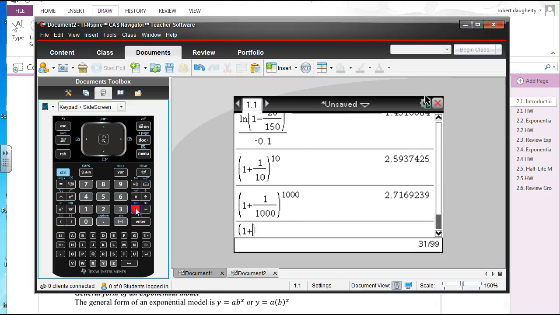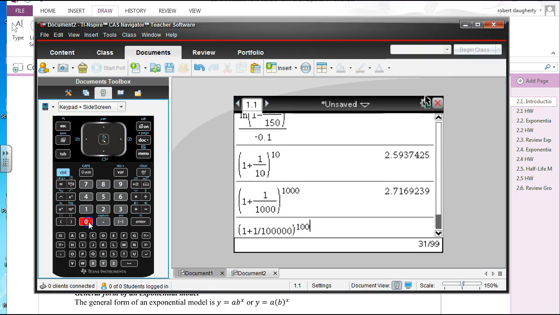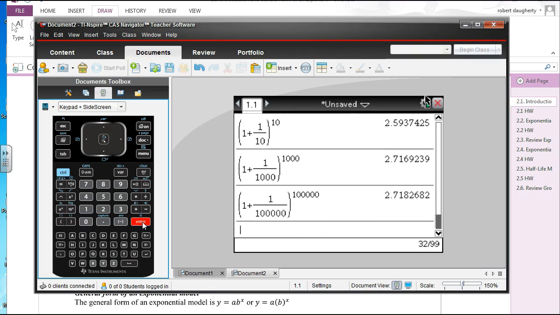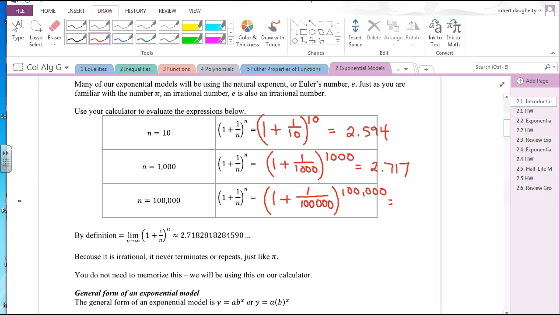So 1 plus 1 divided by 100,000, all of that raised to the 100,000th power, 2.7183. And on your calculator, we've seen this number e is 2.7183, so we get closer and closer to that number.